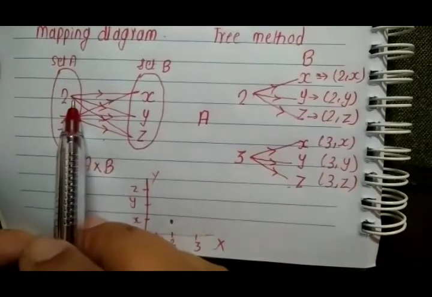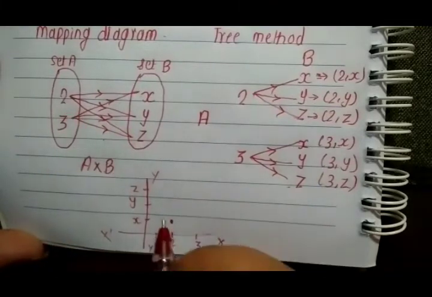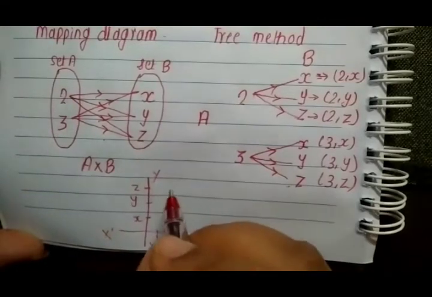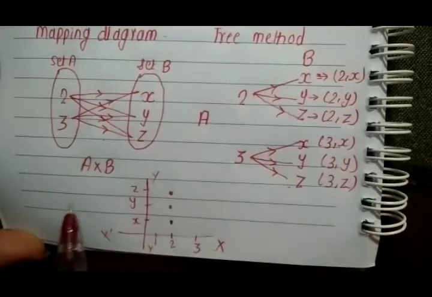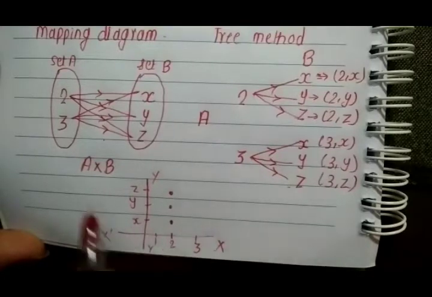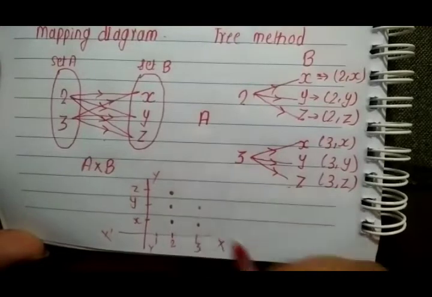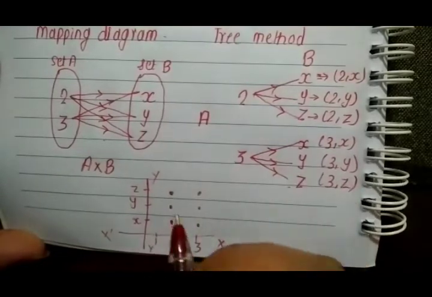Likewise 2, y, then 2 comma z, our point will be here, and similarly 3 will match with 3 comma x, 3 comma y, and 3 comma z.